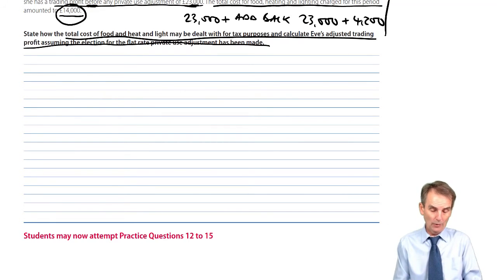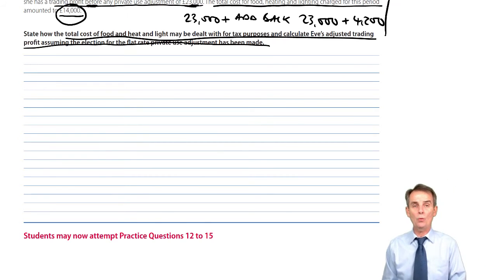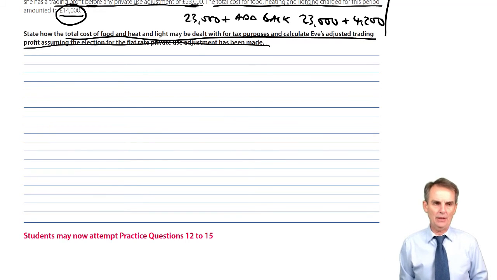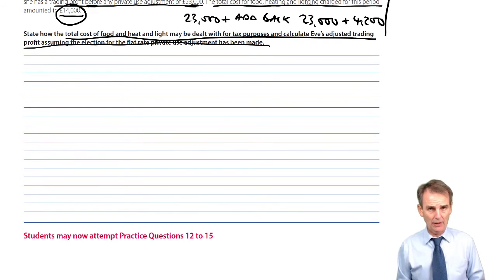We've also seen more latterly that instead of using the accruals basis to determine what is the profit, and again with your normal tax adjustments of profit taking place, we can simplify it and work not on accruals but on a receipts and payments basis. If that were to apply, then we've got these flat rate schemes in operation that we need to know how to use, but for which the relevant information that you need is going to be provided to you. You simply need to be aware of the rule and how that works.